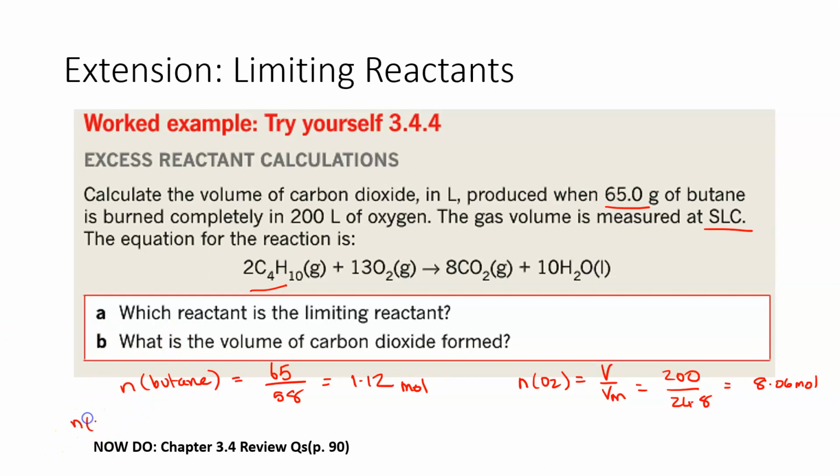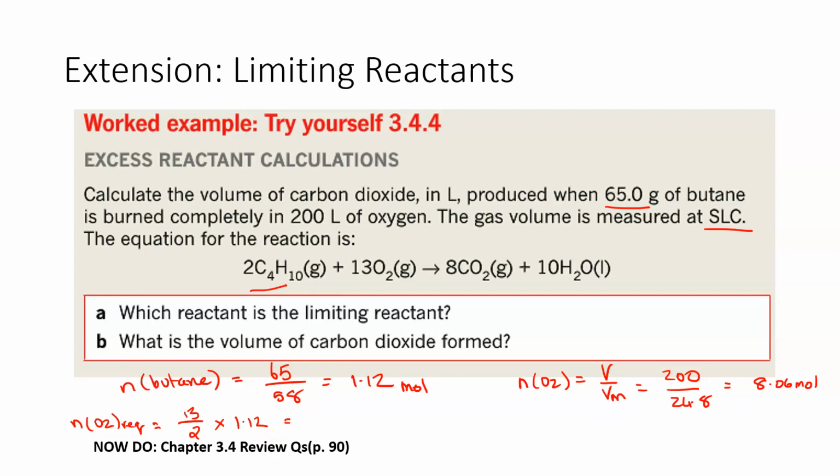So n of O2 required for 1.12 mole of butane is going to be 13, what I want, over 2, what I've got, times the number of moles of butane. This is just assuming I don't know how much O2 I have. Based on this amount of butane, how much oxygen would I need for complete combustion?